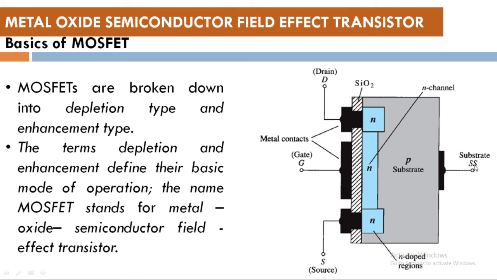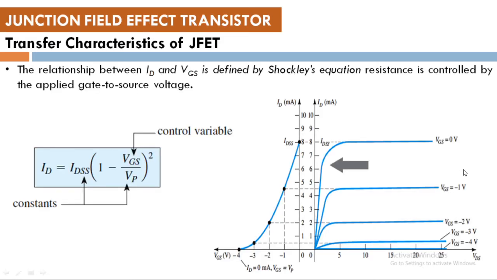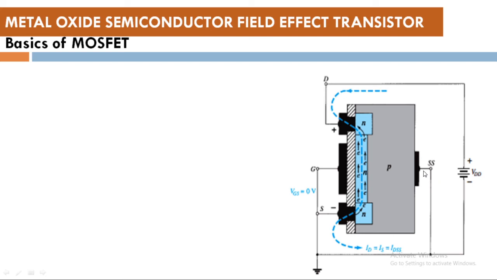But when you buy a MOSFET, you will see there are only 3 terminals, that is drain, gate and source. Internally the substrate is connected to the reference terminal, which you can see here. So we will get only 3 terminals at the output.